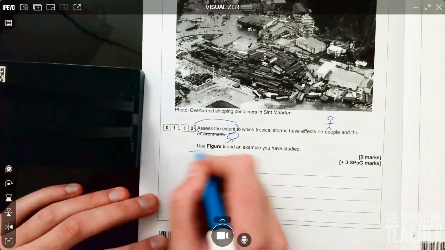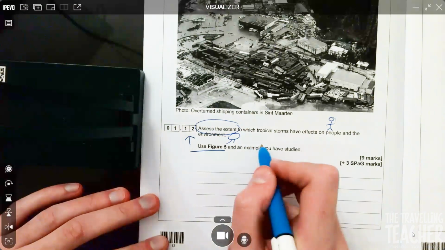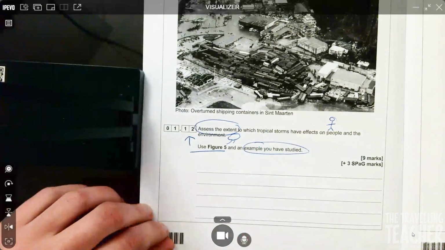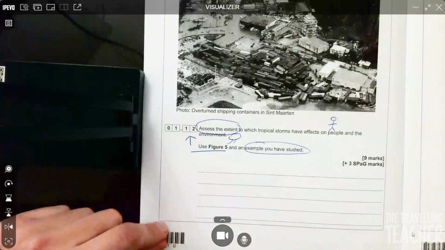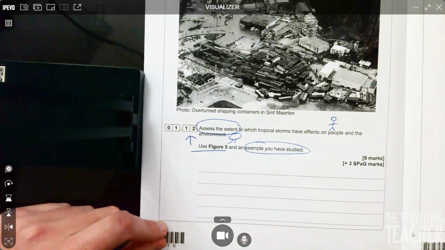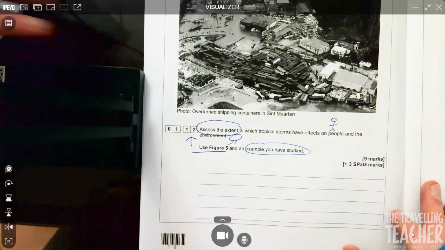Now we've got to use figure 5, which is up above, and we must use an example we have also studied. Most of you, I suspect, will have studied Typhoon Haiyan, but many of you across the UK will be studying different tropical storms. So make sure you use the appropriate storm that you have studied in your lessons with your geography teacher. Right, here we go, guys.